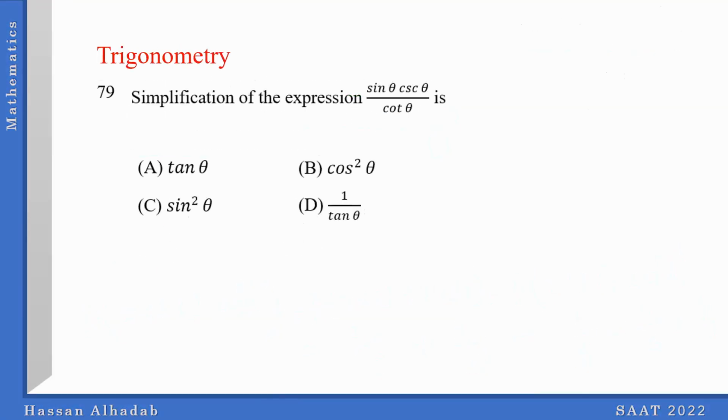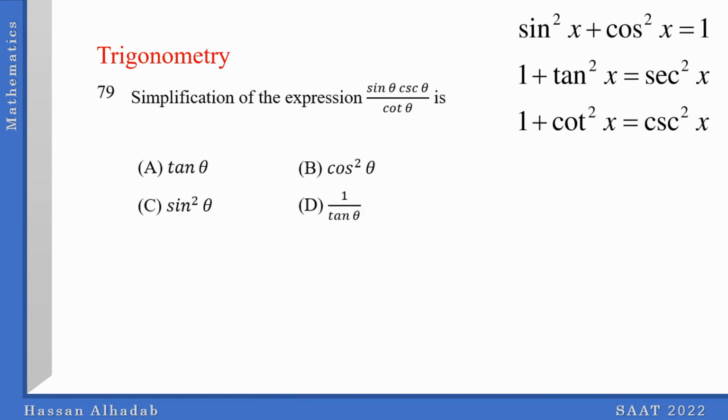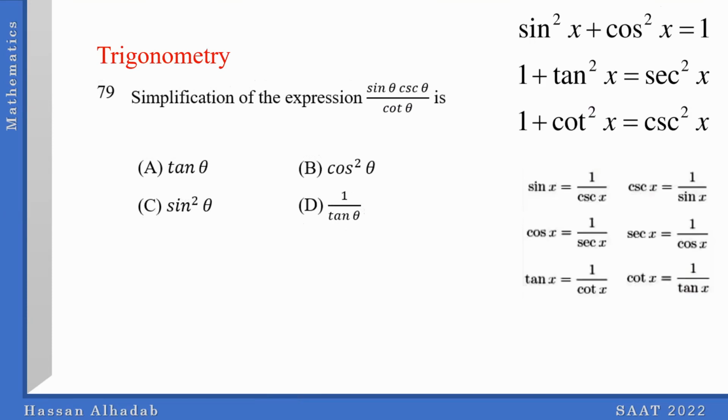Now we want to simplify this one. So simplification, we'll use the same identities. So the idea is here to make it easy. So I have sine theta. So in order for me to make something simpler, I have to change it to sine and cosine. So what's cosec?